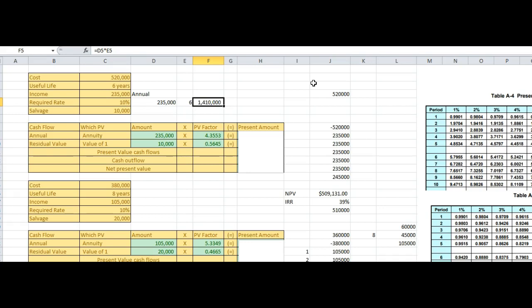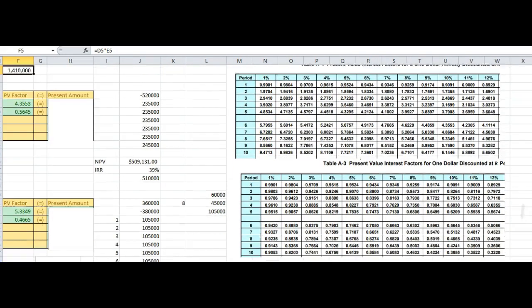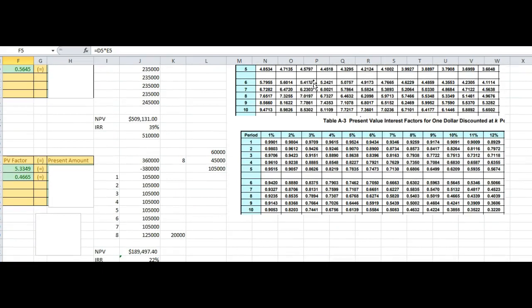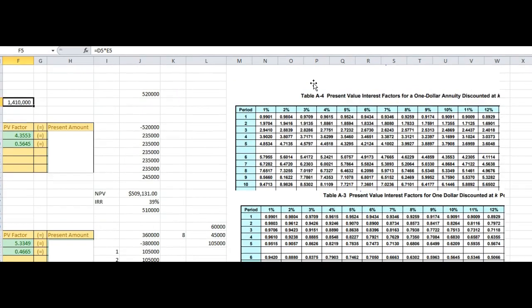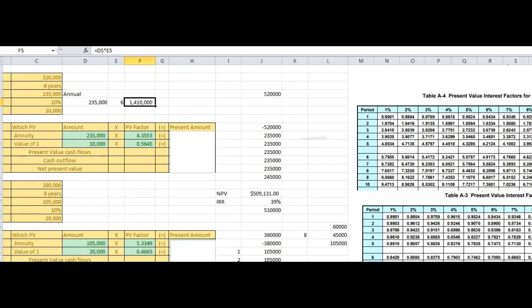When you're using a lump sum, like a lump sum in 10 years, you would use the bottom table, which is the value of a dollar discounted. The top one takes into consideration each year, the year 1, 2, 3, and kind of averages that all together and comes out with the correct factor.